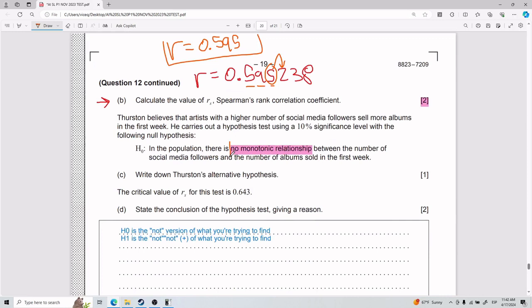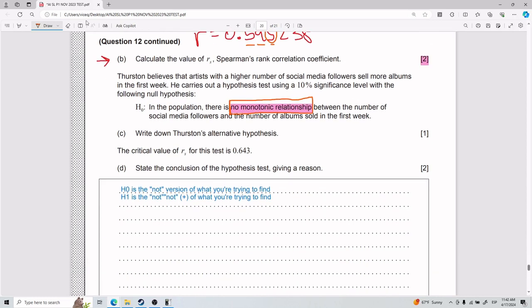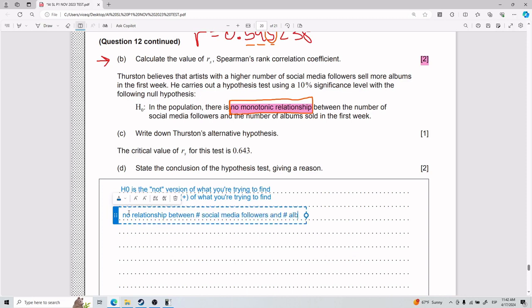And that is why they say no monotonic relationship, which is just a very fancy way to say that there is no relationship, okay? So for H0, technically you would say no relationship between number of social media followers and number of albums sold in the first week, right?